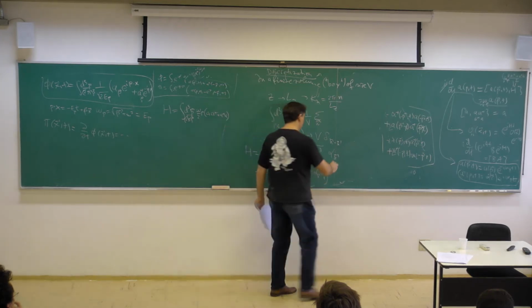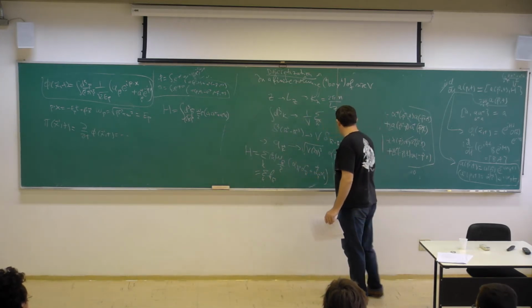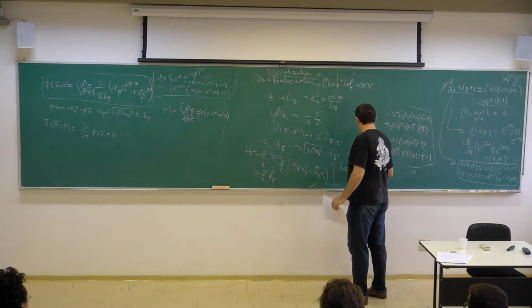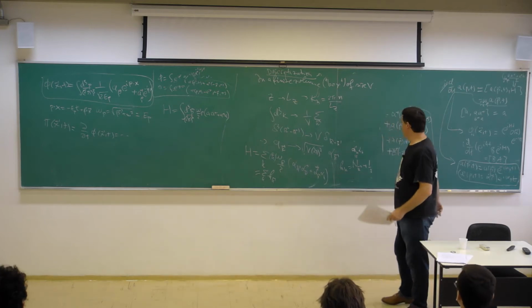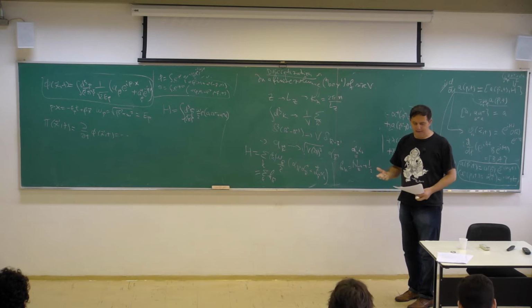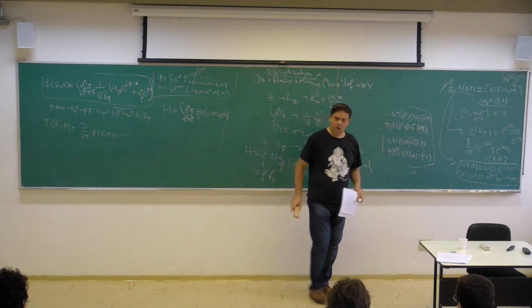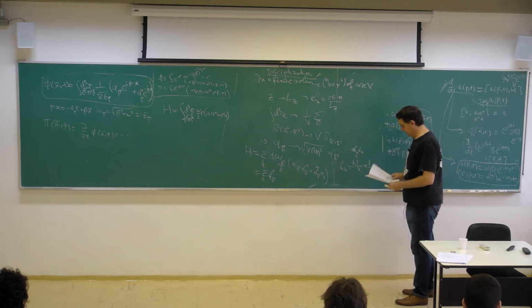And I remember then that I can put this into the form omega k times (n k plus a half), where n k is alpha dagger k alpha k. But if I do this, moreover, now n k has the interpretation of an occupation number, right?